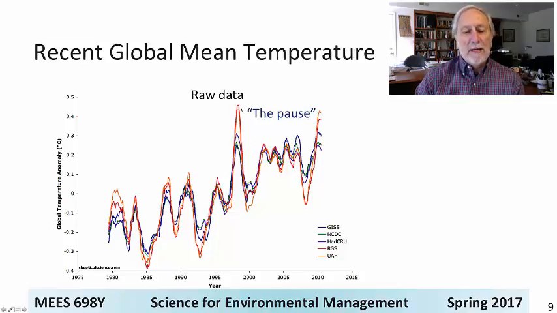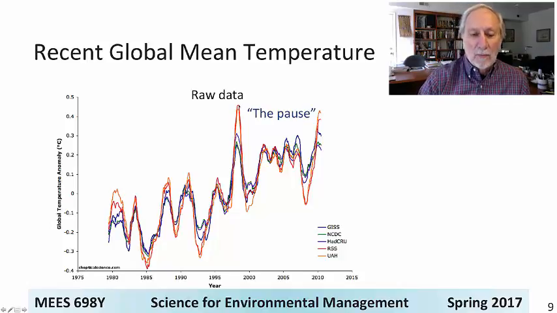There was much made of the fact that since 1998, which was a strong El Nino year, a very warm, record warm year, there's been no increase in temperature. Some would even suggest global cooling, or this phenomenon has been called a pause, and it caused a lot of mystery among scientists about why that was happening, and also among skeptics saying, well, so much for global warming. It's not continuing the way you thought it would.